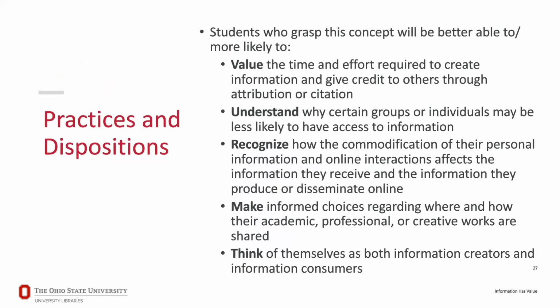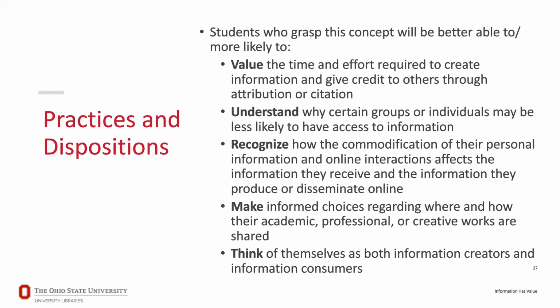So to sum up with this one, once students do develop an understanding of this concept, some of the key practices or key dispositions, right, are that they'll have a better understanding of the time and effort required to create information, and so will be more likely to give appropriate attribution or citation. They'll have a better understanding of issues of information access and inequality and how that might impact them, right?